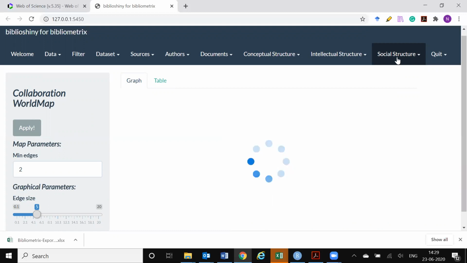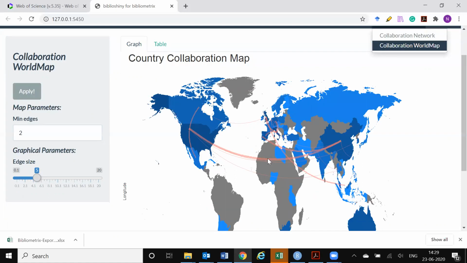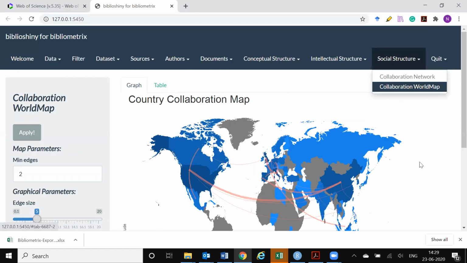This collaboration world map can be useful, especially if there are strong inter-country collaborations. Some of these lines show certain collaborations from the US to China and certain ones across various countries. There's once again a table which can be reviewed.